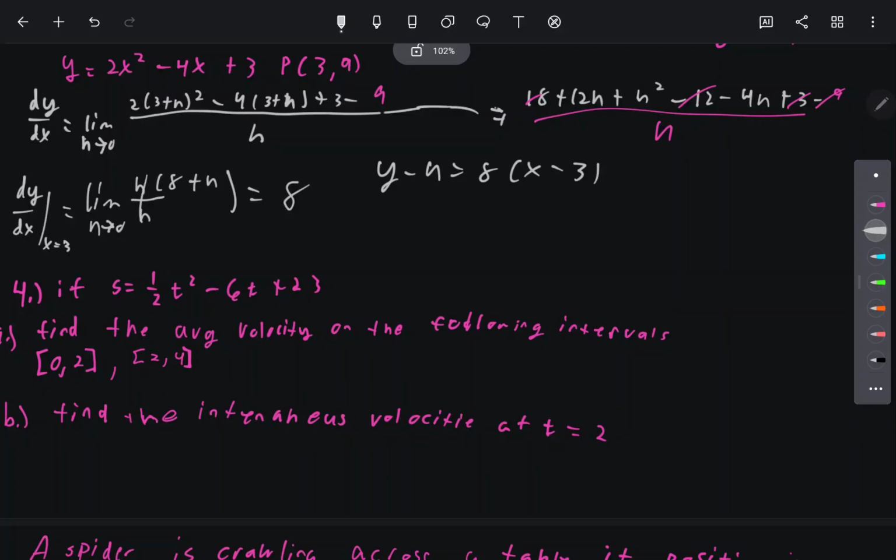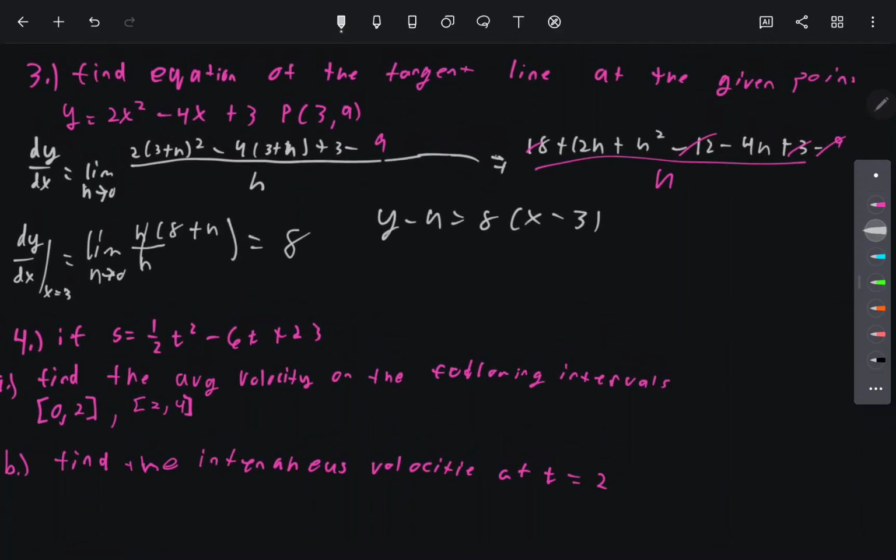Alright, continuing on. We now have a velocity problem. This is our second last problem, so I just want to find the average velocity on those intervals. If we plug in 2, we get 2 minus 12 plus 23, so that's really just going to go to 13.